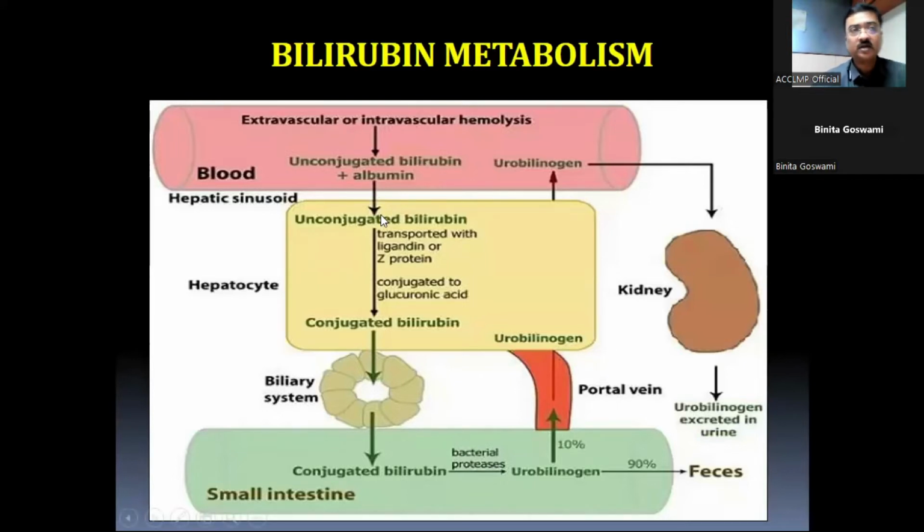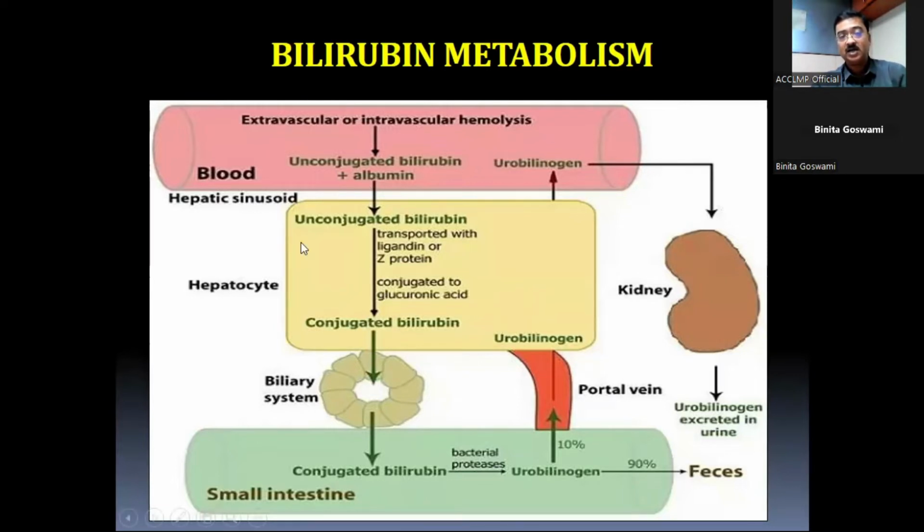There, conjugation happens. What is conjugation? Conjugation means non-polar bilirubin now binds with some polar product, and therefore the bilirubin becomes water soluble. It is bound to glucuronic acid: it binds with two glucuronic acids to produce diglucuronide, and therefore the bilirubin becomes soluble.